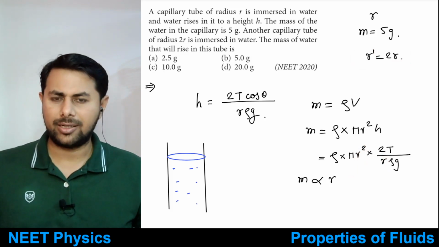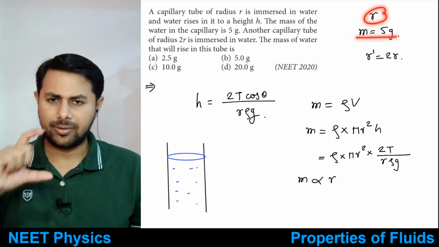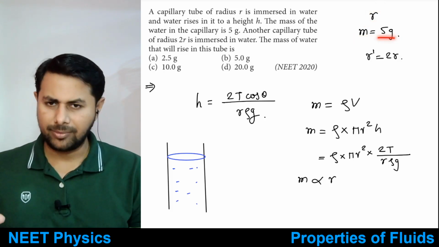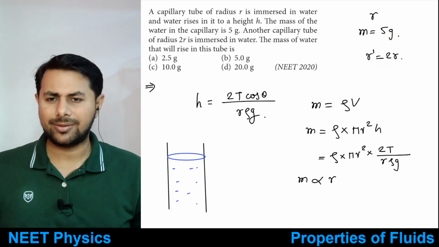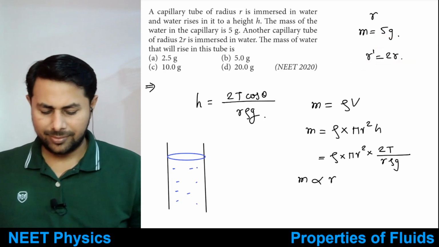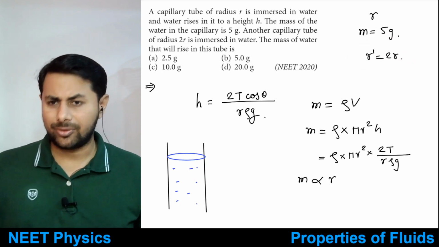So if mass is directly proportional to r, and if the radius is r, the mass of the liquid column is 5 grams. If the radius becomes 2r, then what would be the mass? 10 grams, right? Because mass is directly proportional to r.